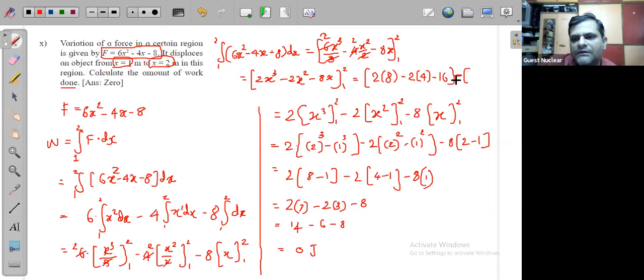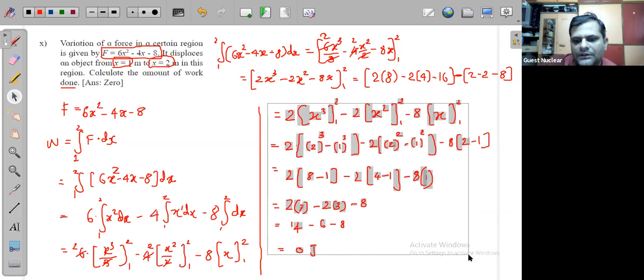And then in the next bracket we go on putting 1 in place of x. So 2 into 1 cube comes out to be 2 only. Then here it is minus 2 times of 1 square, which is simply 2, and minus 8 kept as it is. And then we can solve this further so as to get the final answer, which will appear to be the same, that is 0 here. Let us check.